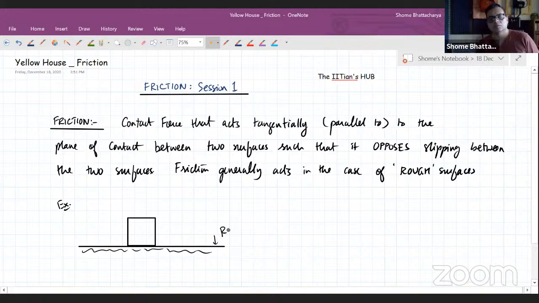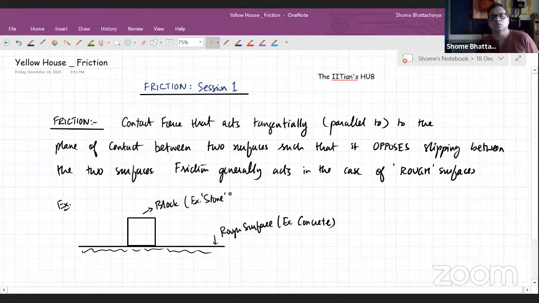So this is a rough surface. A good example of such a rough surface, as I told you, is a concrete surface. And we have a block. For example, it is a stone block. It is made of stone. This type of surface, stone versus concrete, will have a high degree of friction.